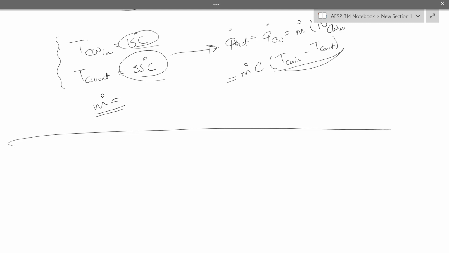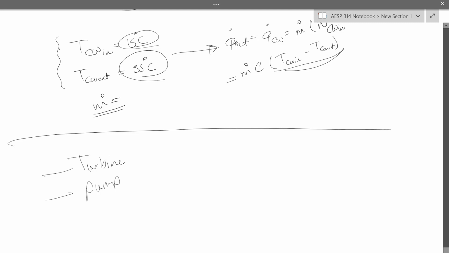It's actually pretty simple. The turbine manufacturers and also the pump manufacturers have already calculated this. So whatever pump or turbine you buy, you already should know the turbine or pump's efficiency.